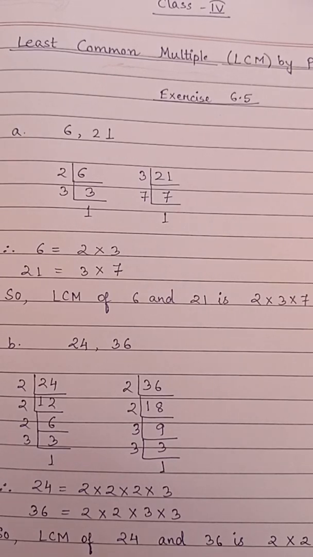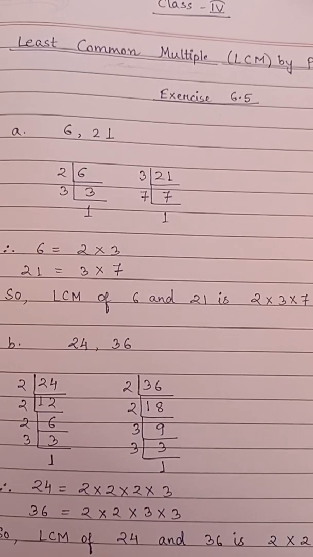After you find the largest number of occurrences of the prime factors, the last step is you have to multiply these collected factors, and the result will give you the LCM of the given numbers.